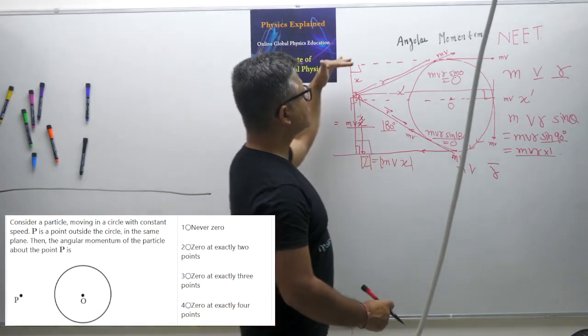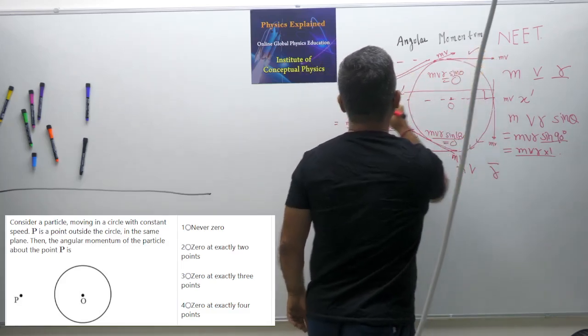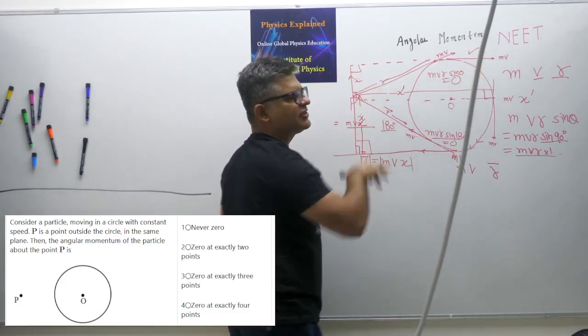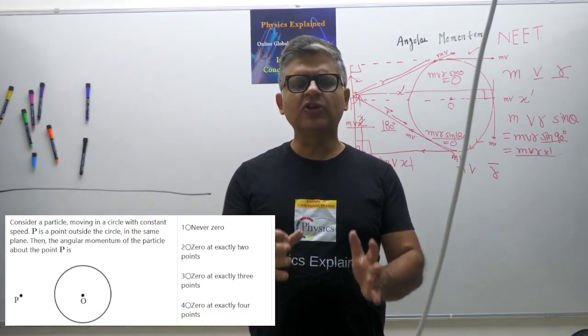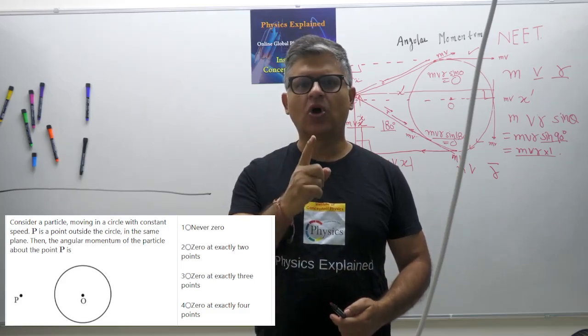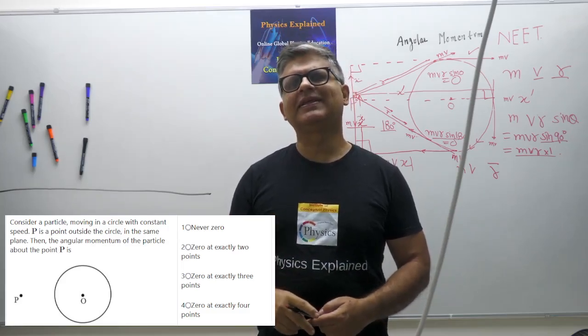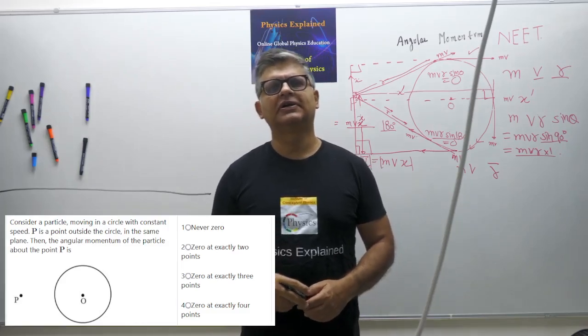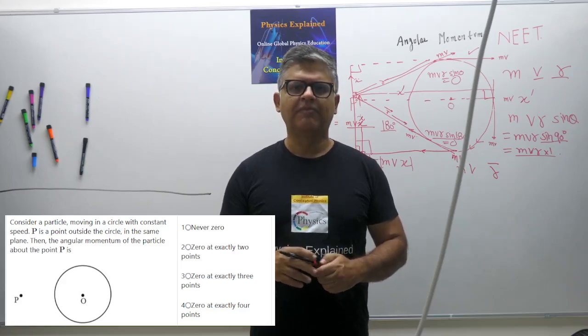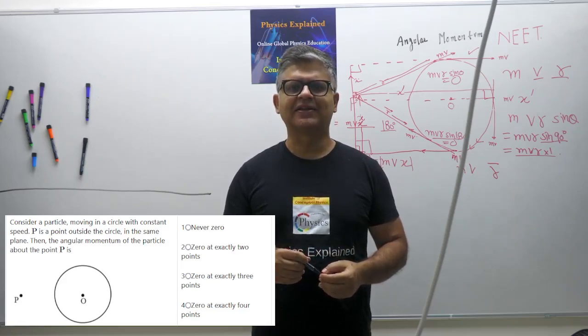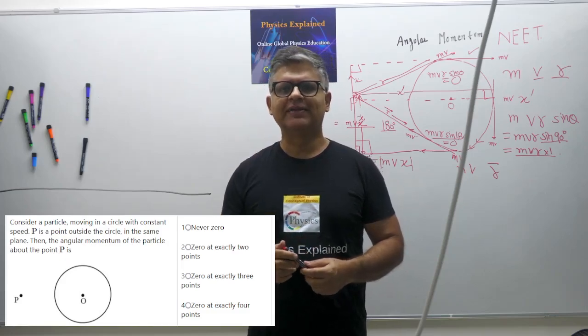So this was MV and this was a perpendicular to the direction of MV. That is the way you need to look at the problem. Do not ignore the angle between these two.